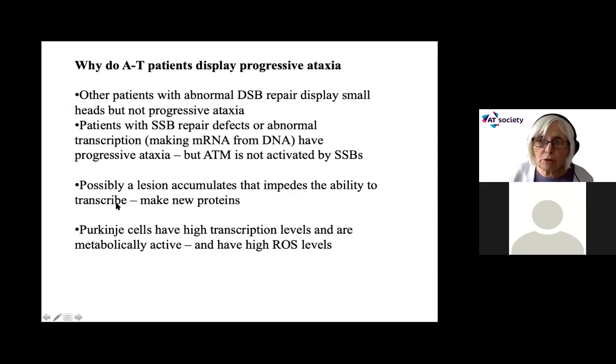And transcribe, if you remember, was making messenger RNA from DNA, and that's required to make new proteins. And because the Purkinje cells in the cerebellum are very transcriptionally active, they're making many proteins, they're metabolically active, they have high levels of these DNA damaging agents, they may be particularly reliant on ATM to help maintain their function.